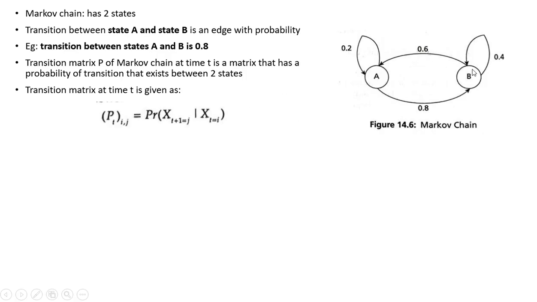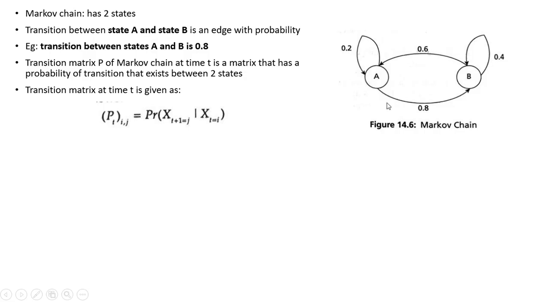The number of students moving from University A to University B is 80%, so let's write the transition as 0.8. The number of students moving from University B to A is 60%, so let's write it as 0.6. 20% of students remain back in University A, therefore the edge value is 0.2. Similarly, 40% of students remain in University B, therefore the edge value is 0.4.